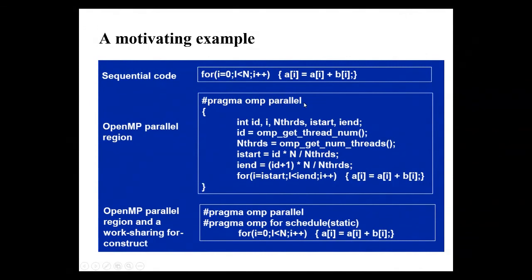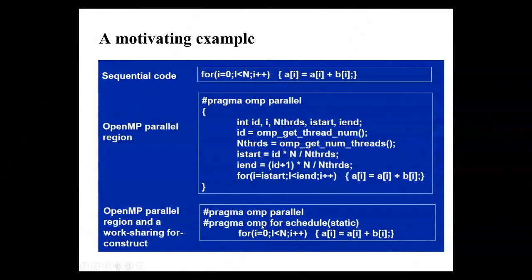It creates a team of threads to do your job, and each thread has a unique thread ID. You can get how many threads are in your team, and then you can hard-code which part each thread does by changing the index in your loop. So this code allows you to run in parallel.